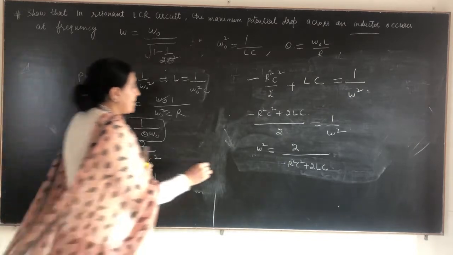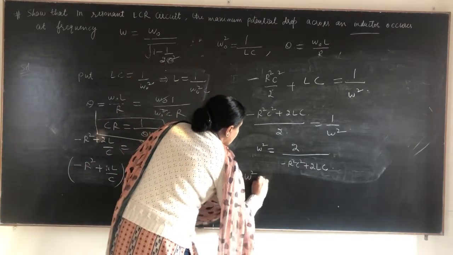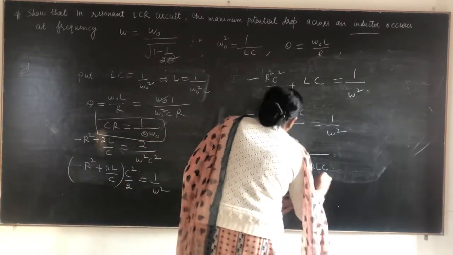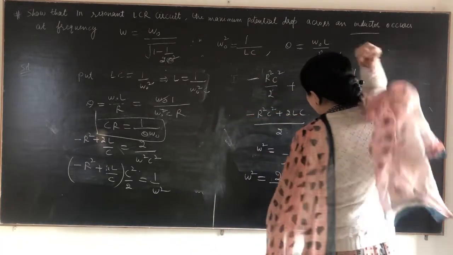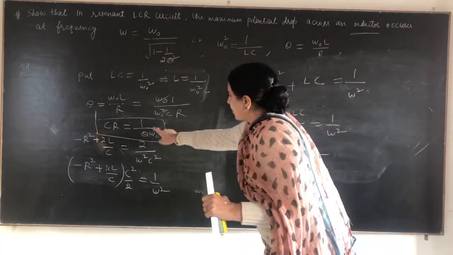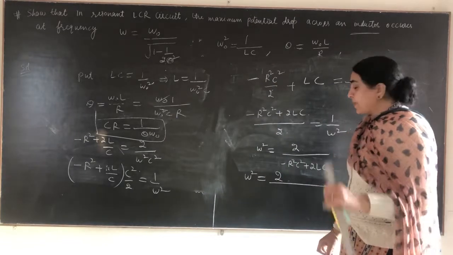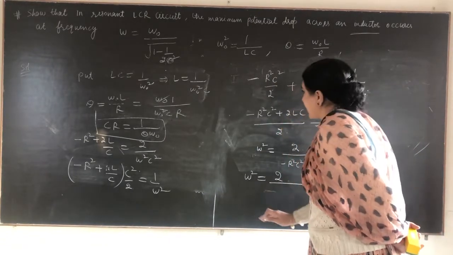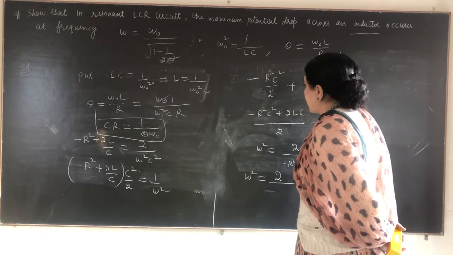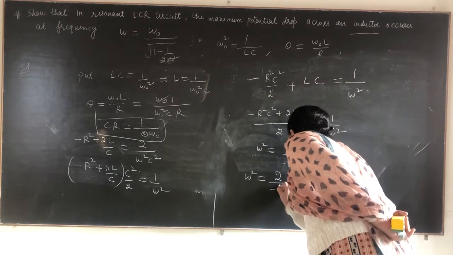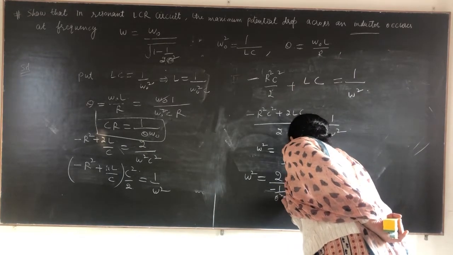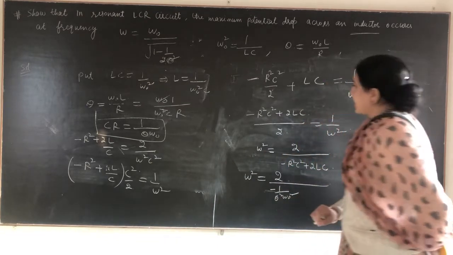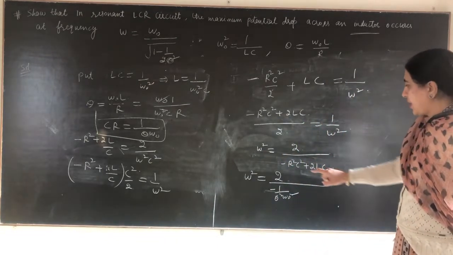So put here, this implies omega naught square is equal to 2 over minus R square C square plus 2LC.